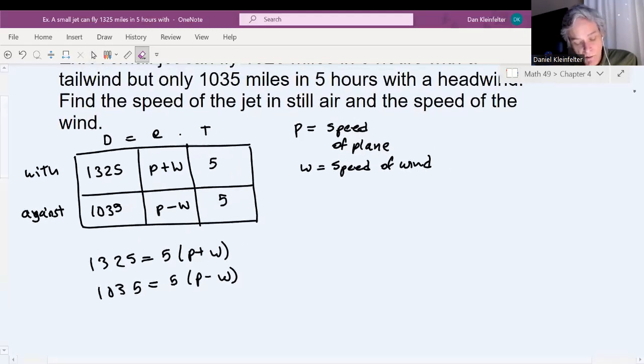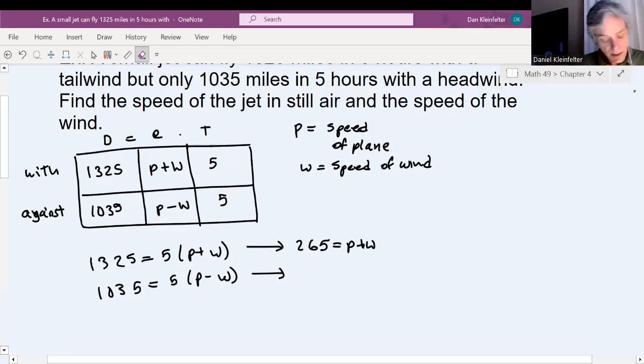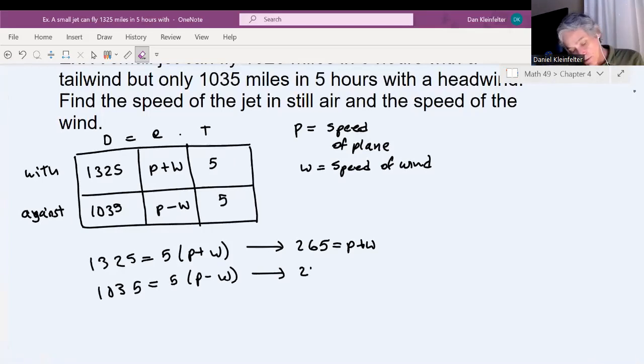Okay, and then once again, I'm going to divide through by 5 on both of these to get simpler looking equations. So 1,325 divided by 5 will be 265. That'll be p plus w. And then 207 will be p minus w.